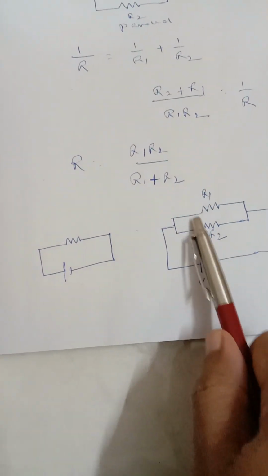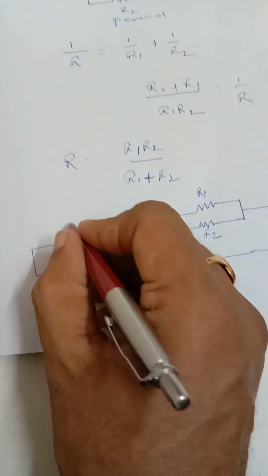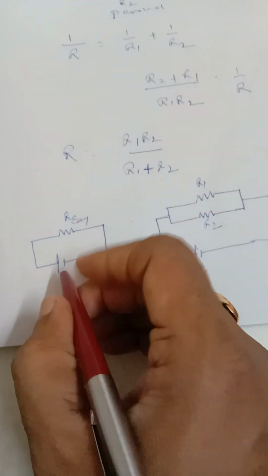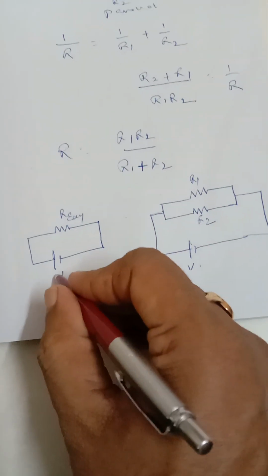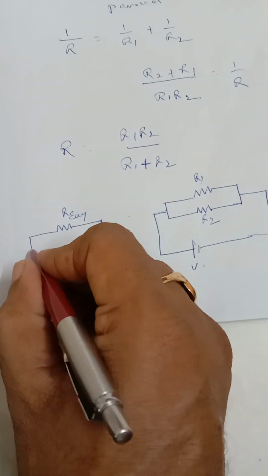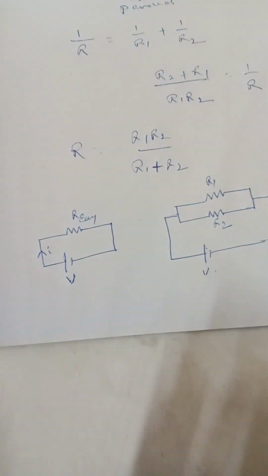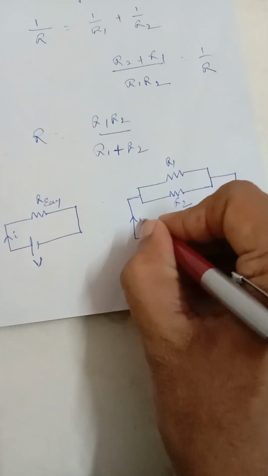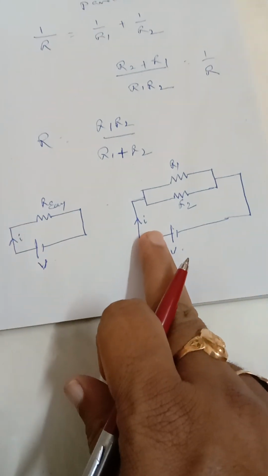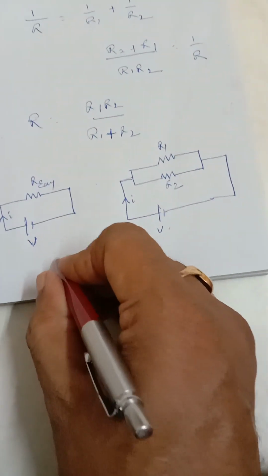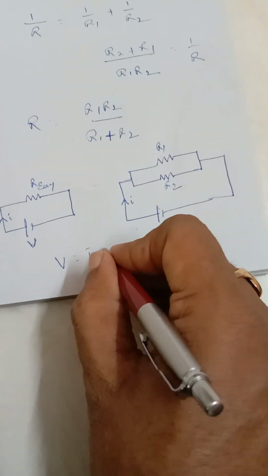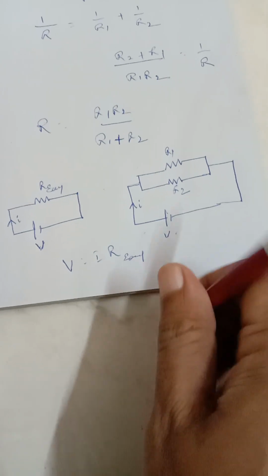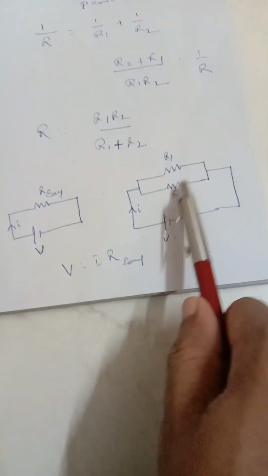If I replace R1 and R2 by the R equivalent value, R1 R2 by R1 plus R2, with V applied, then current I will flow through this circuit depending upon Ohm's law, V is equal to IR. Here R is nothing but R equivalent, the R1 R2 combination.